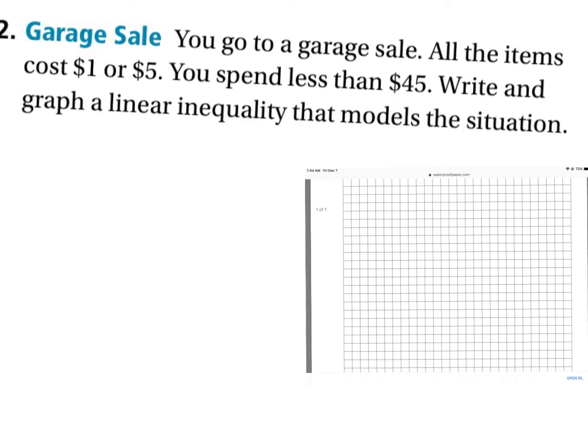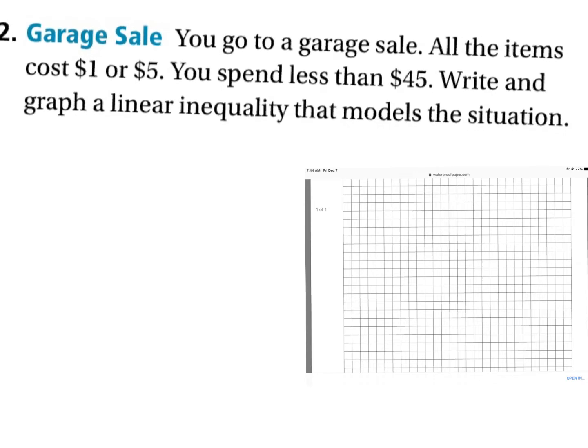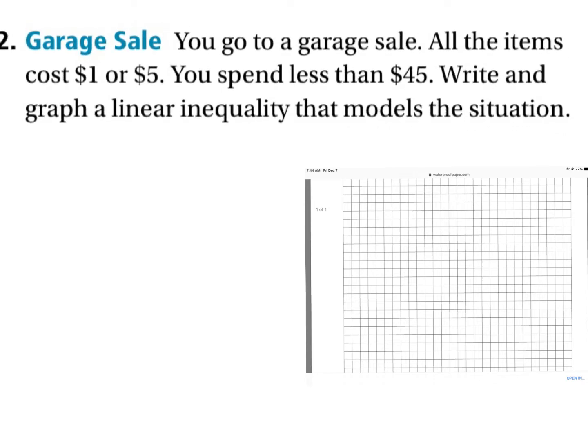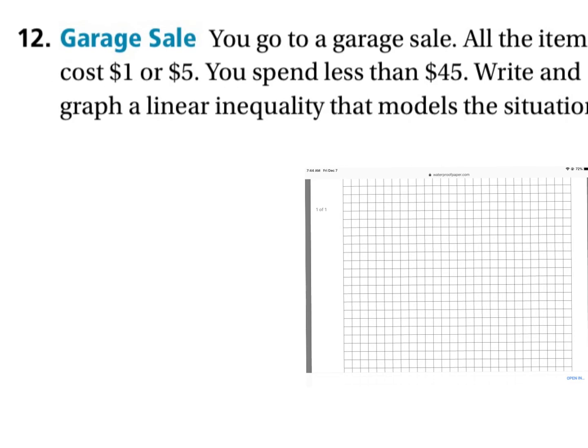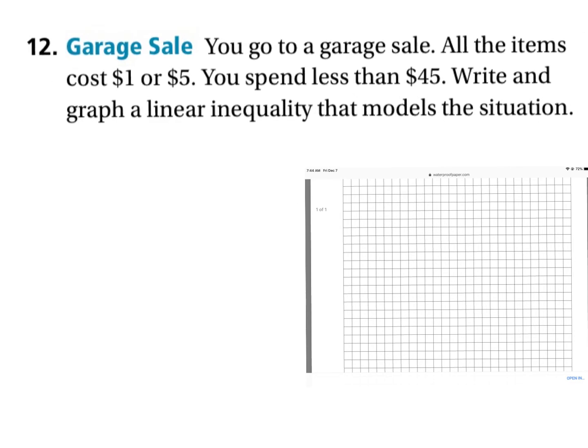Number 12, if you go to a garage sale, all the items are $1 or $5, you spend less than $45, write and graph a linear inequality that models the situation. So $1 each plus $5 each, and it's less than $45.